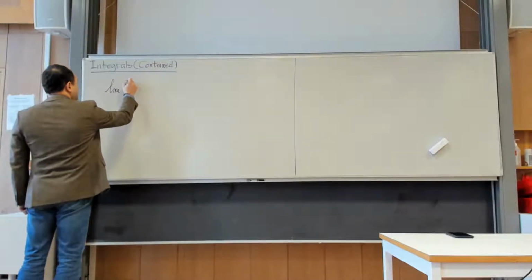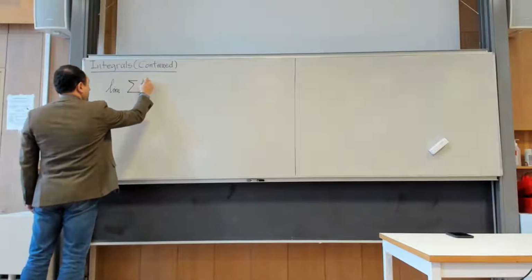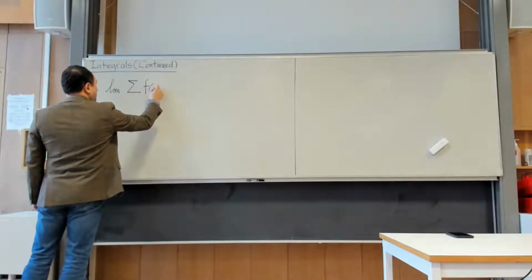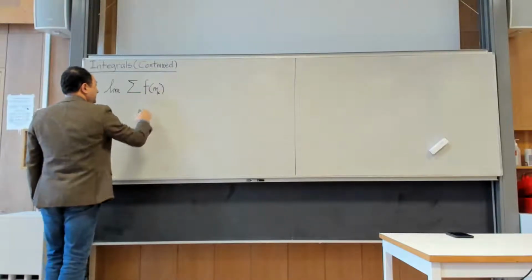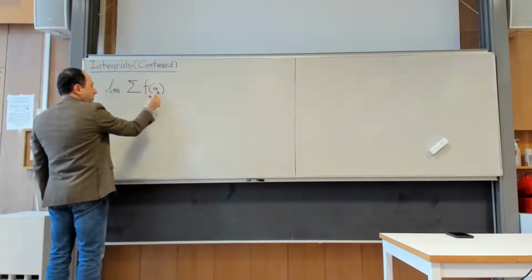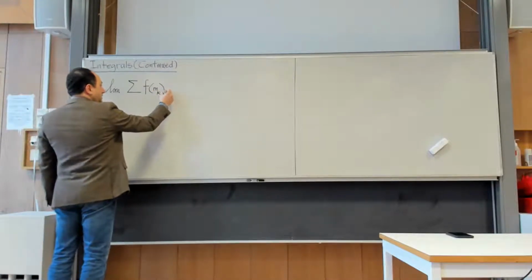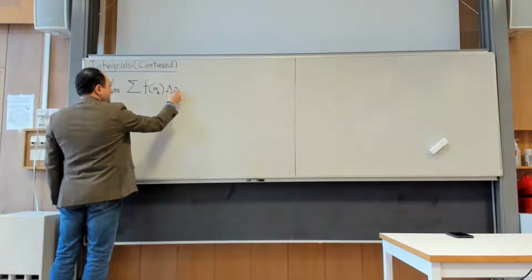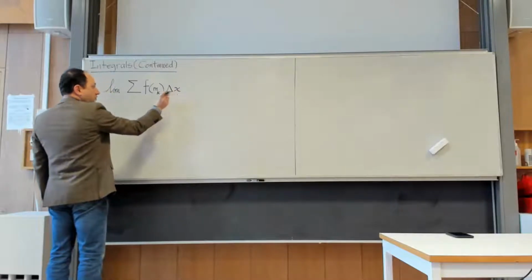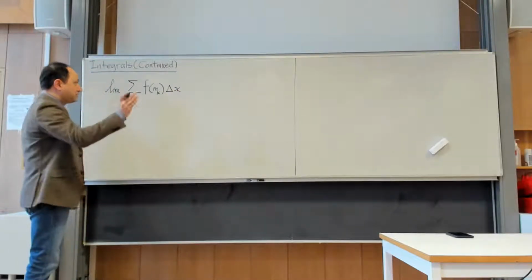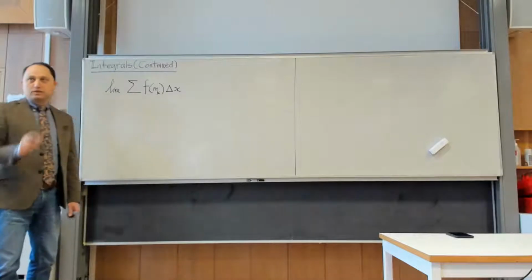of the sum of f of m sub k, where m sub k was the midpoint of the kth interval, multiplied by delta x, which is the width of all those rectangles, because I partitioned my interval into equal pieces.